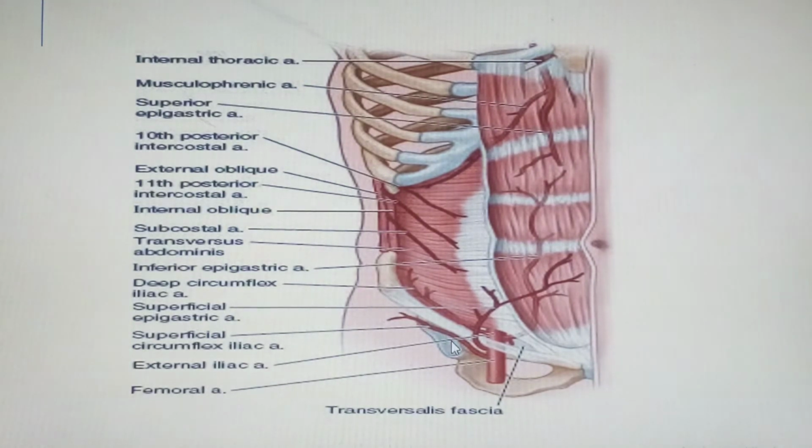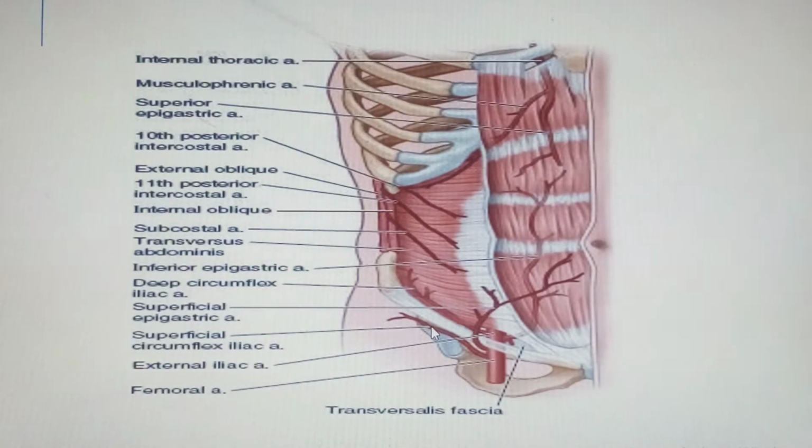We are going to call it the superficial circumflex iliac artery. It is a branch of the femoral artery, also running parallel to the inguinal ligament, but superficial or external to it.